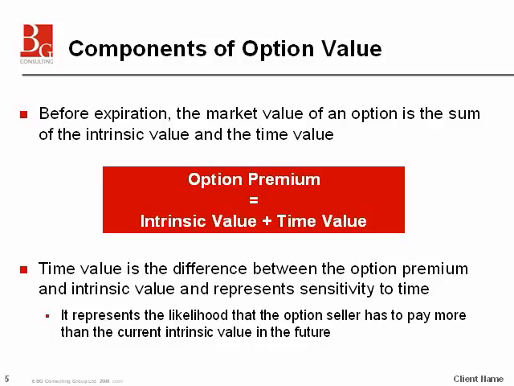Since time value reflects a probability that the option will gain in intrinsic value, it must reflect the increased probability that the option will be even further in the money prior to expiration. Therefore, by analyzing time value, it is a way of evaluating the price of an option, which is useful in determining if the option is over or undervalued compared with other options.